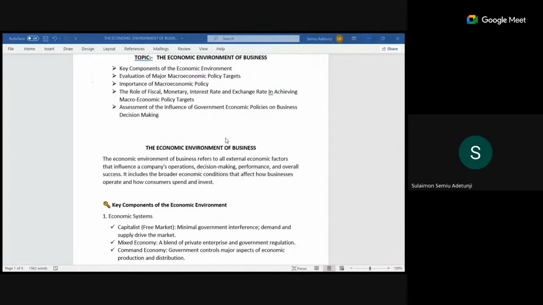Obviously, it will be more than 20%. So in monetary policy, the policy they make has to do with the money in circulation and the credit to the banks. Then in fiscal policy, the policy they make is what the inflation level and the taxation will be.